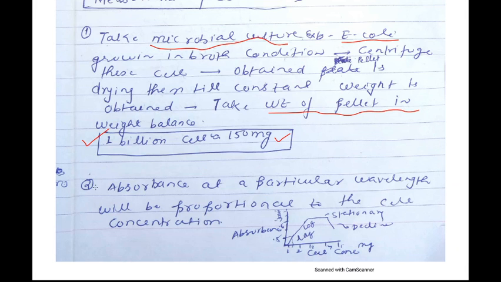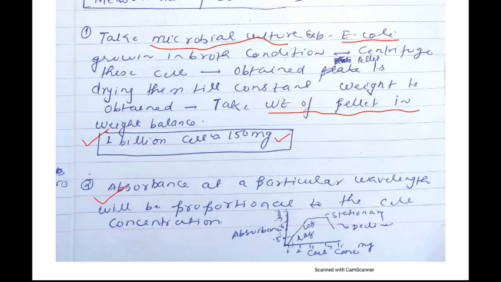There is a next technique by which you can also find out the growth of the cells. It's absorbance. Absorbance is taken through the spectrophotometer. I have already discussed with you how we take the absorbance in the lab, and as the absorbance increases, the cell growth also takes place.